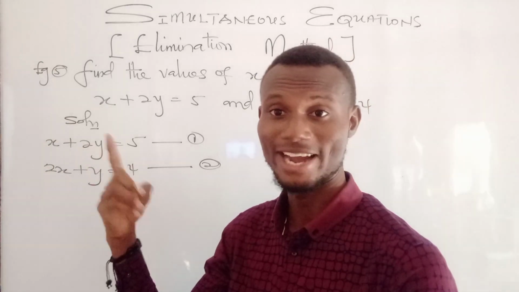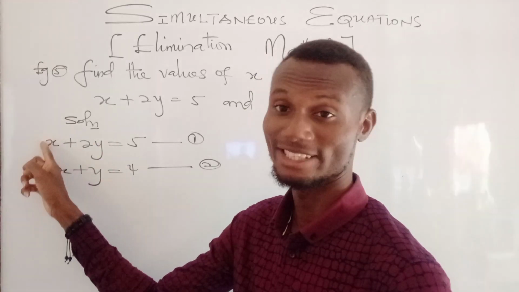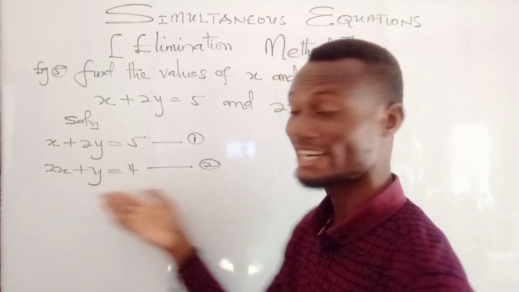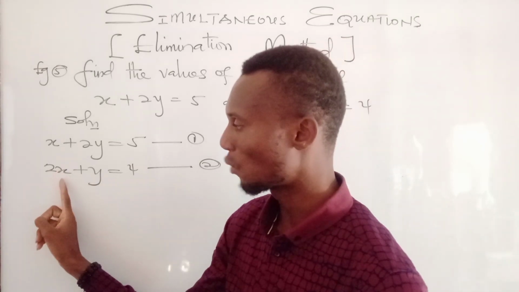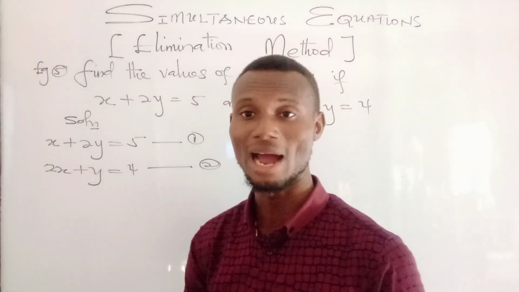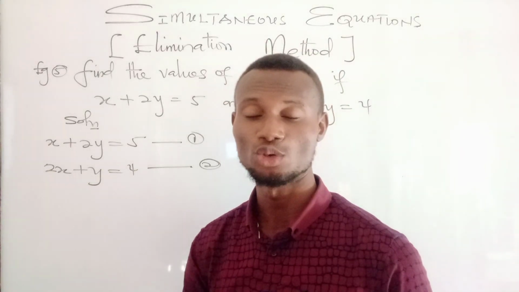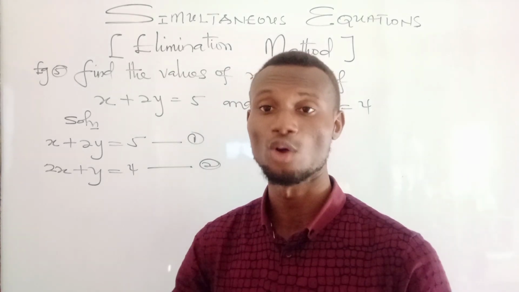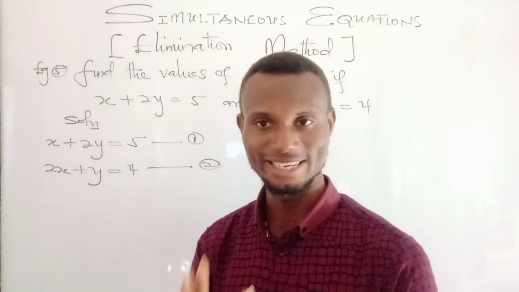If there's no specified number there, it means the coefficient is 1. And looking at the variable s in the second equation also, you can see that the coefficient of it is 2. And I've said that for you to apply the elimination method, you need to make sure that the coefficients of the variables that you want to eliminate are the same.